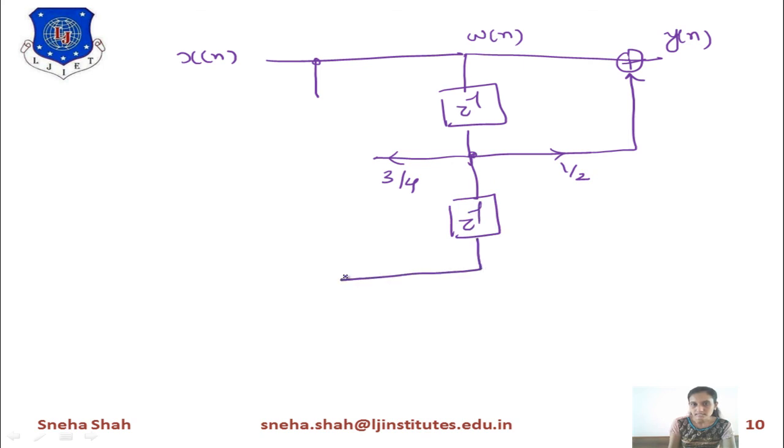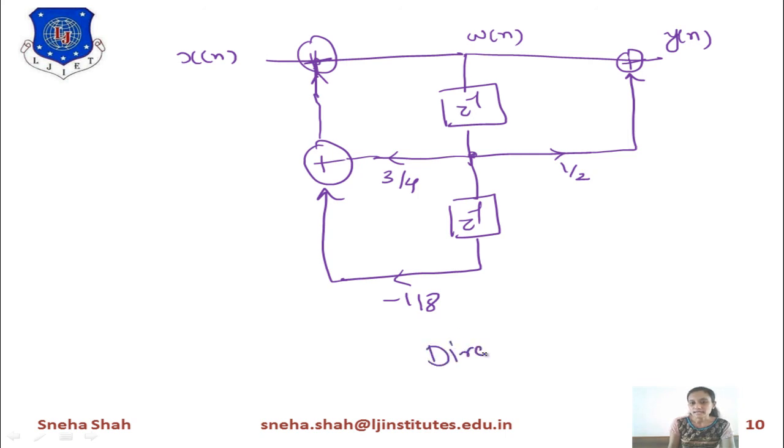So after merging these two terms, it gives you the final answer like this. So this is your final structure, which is the direct form 2 structure.